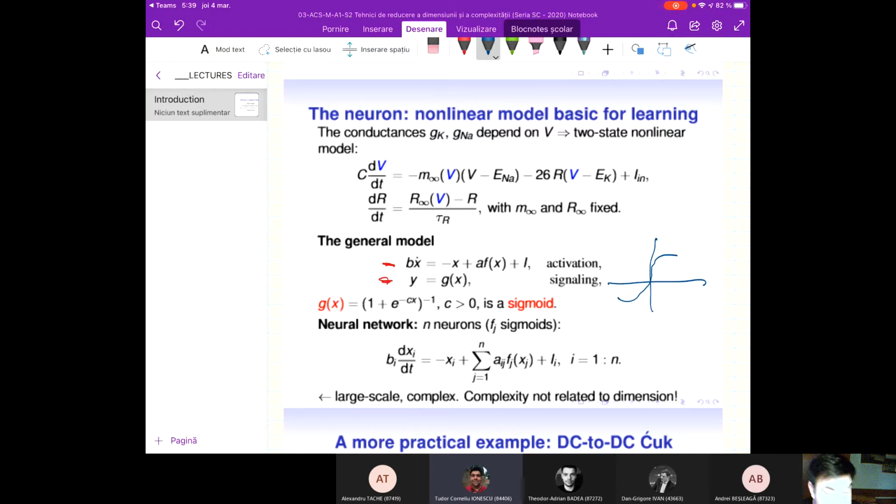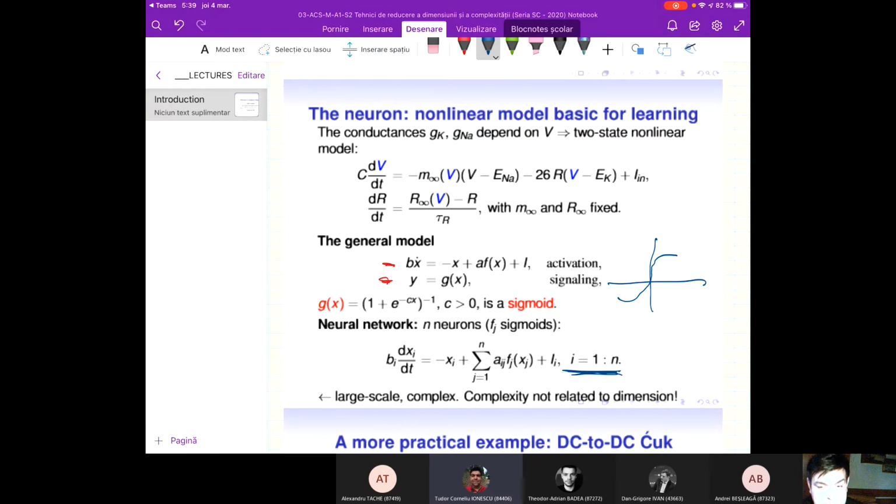So this is the model of one neuron, consisting of two equations, a two-dimensional model with one differential equation and one algebraic equation, one for activation and the other for signaling. The neural network is made of n neurons of this type, so i goes from 1 to n. N can be quite a large number if you're dealing with a large neural network.